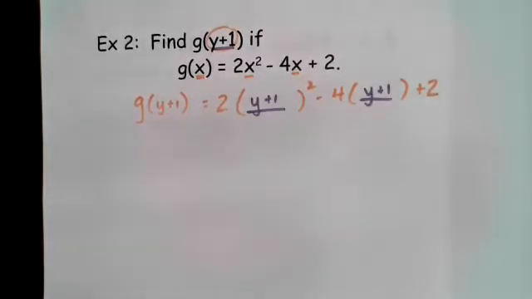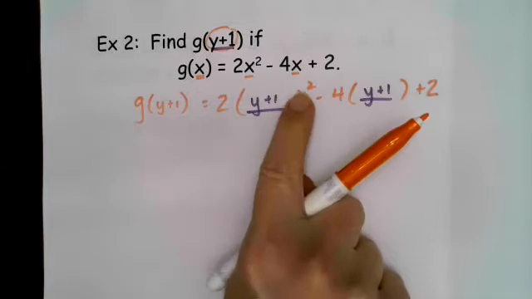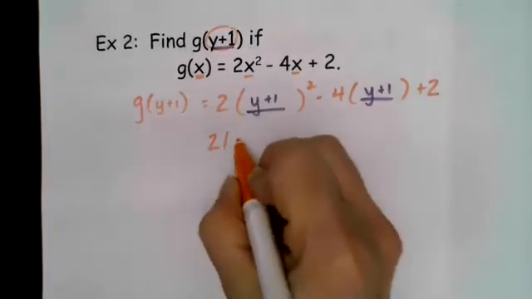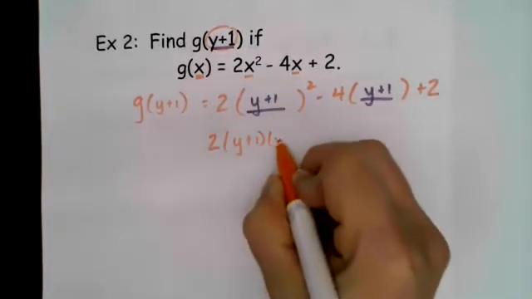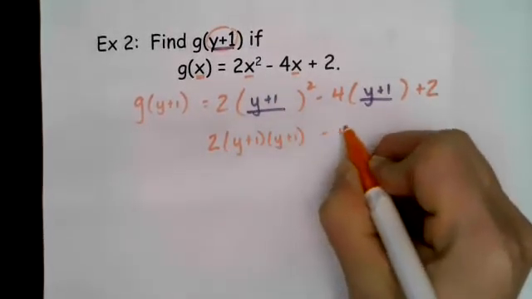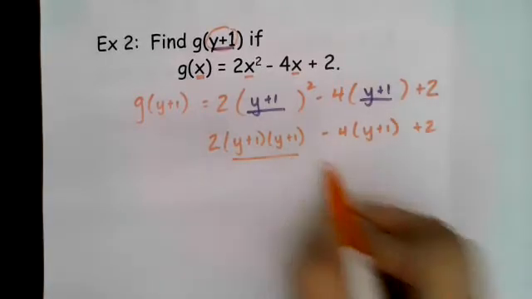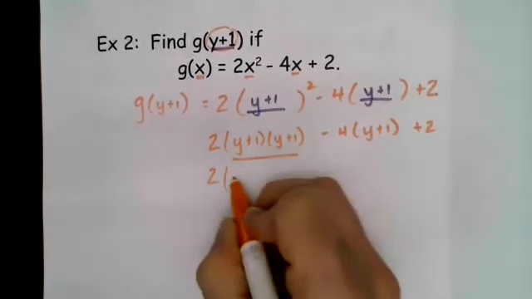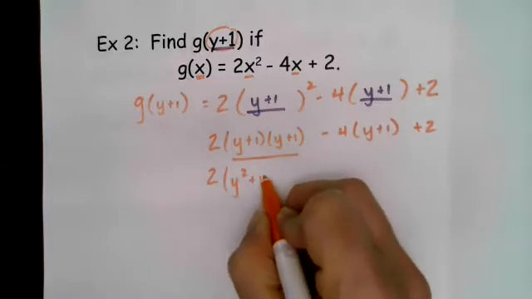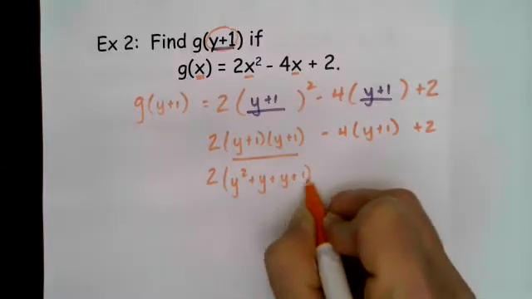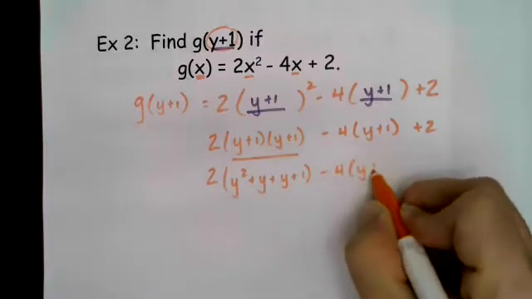All right, so order of operations, I deal with my exponent first. So I could think of this as 2 times y plus 1 times y plus 1, and then minus 4 times the y plus 1, and then a plus 2. So I'm going to multiply these together first. Keeping my 2, I have y squared plus y plus y plus 1. Let me just copy down the rest.